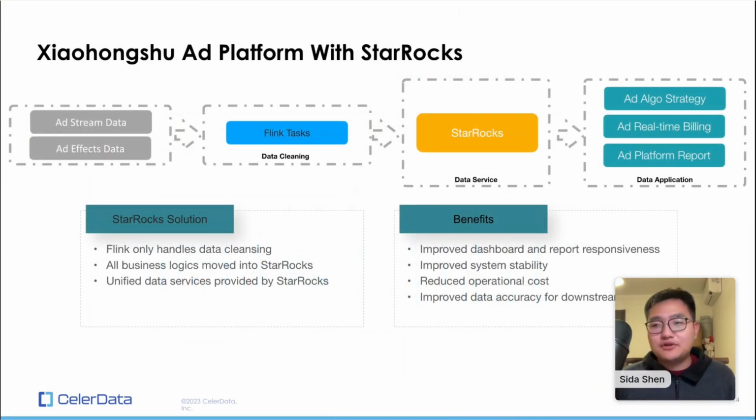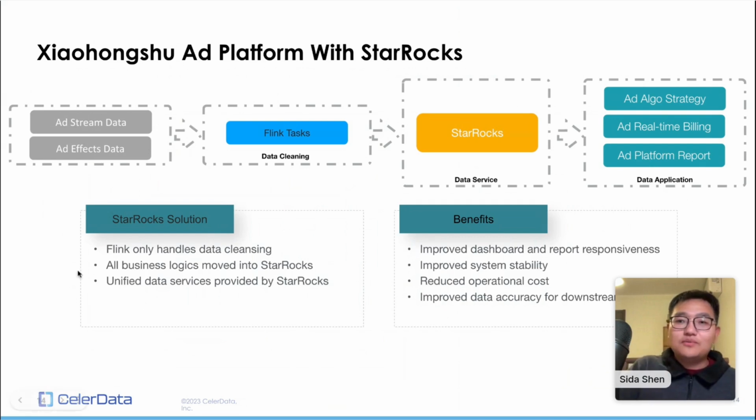After a lot of testing, they migrated their ad platform to StarRocks. They made a few big changes. Because StarRocks can actually do those joins and has better performance, there is no denormalization and a lot less pre-aggregation.